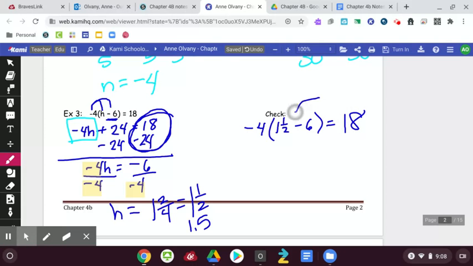I'm going to tell you, use your calculator, type in 1.5 minus 6, because this 6 is negative. So this is going to be negative 4.5. A negative times a negative is a positive.